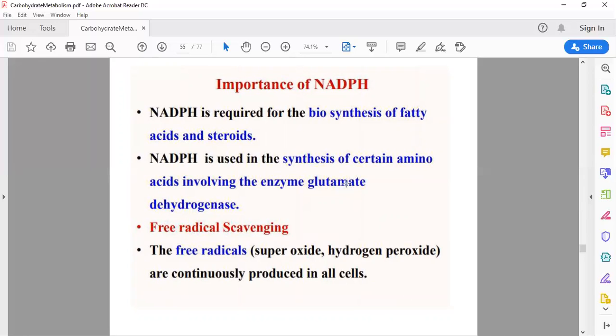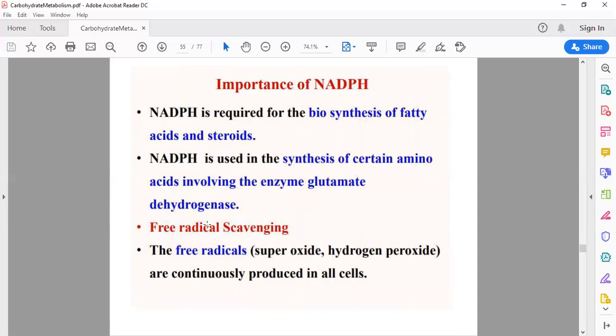So the first important point is related to NADPH. It is required for the biosynthesis of fatty acids and steroids, and hence it is more active in the tissues concerned with lipogenesis. Example, it is adipose tissues and liver. Then the second important point is it is used for the synthesis of amino acids involving the enzyme glutamate dehydrogenase.